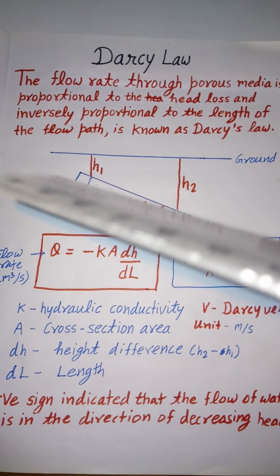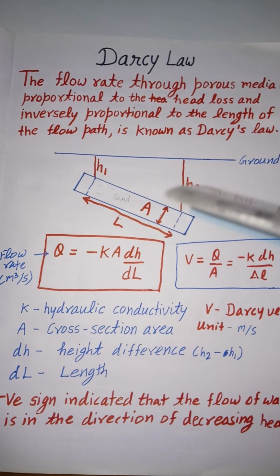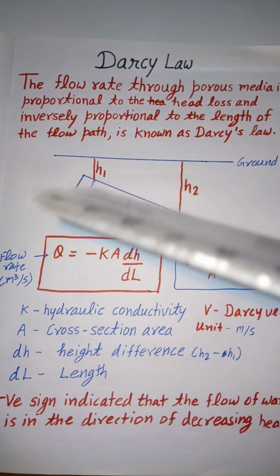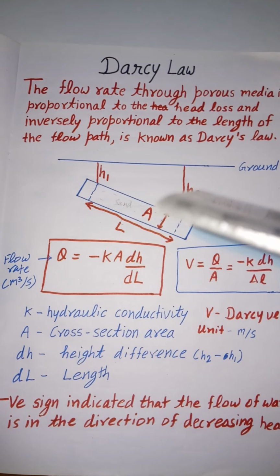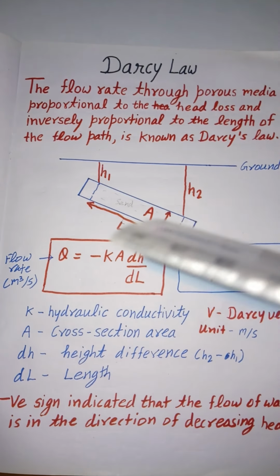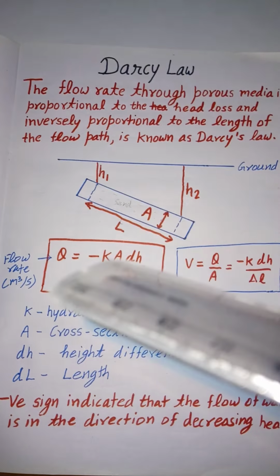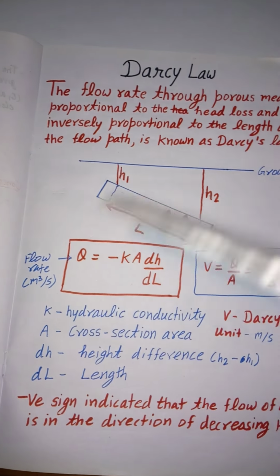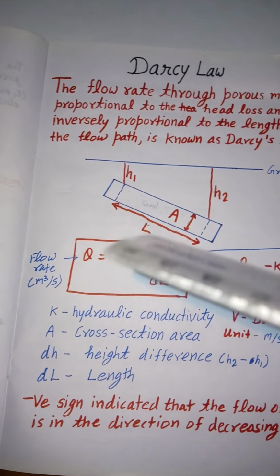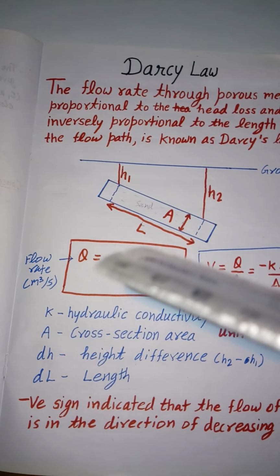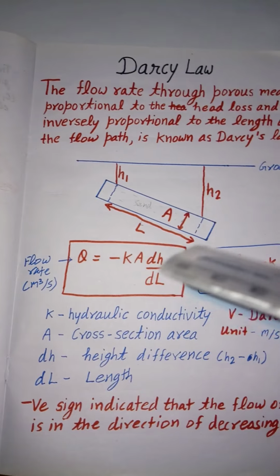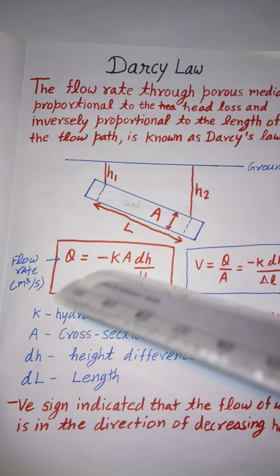Water will obviously flow underground, so we measure from the ground. We measure the depth, and that's why, because of sign convention, we use a negative sign here, in the negative direction. So that's why the negative sign is used here.